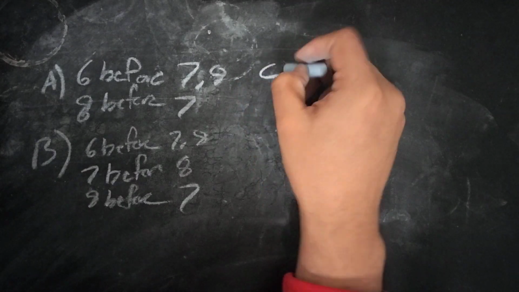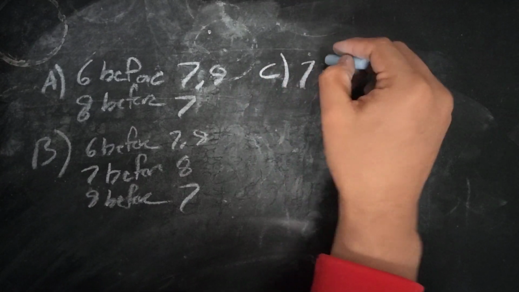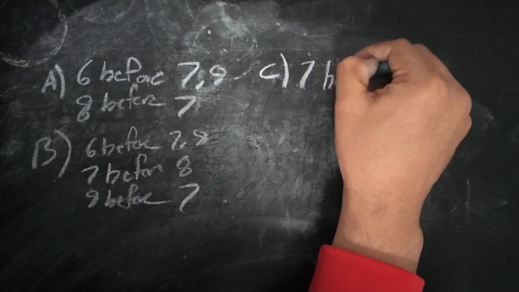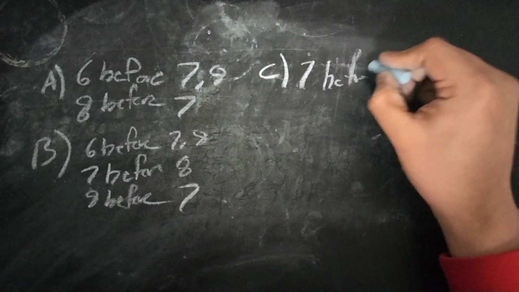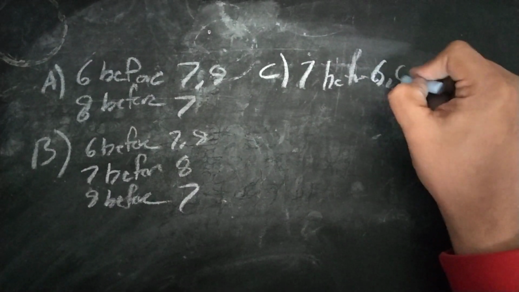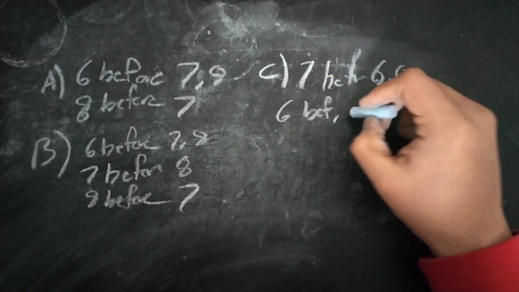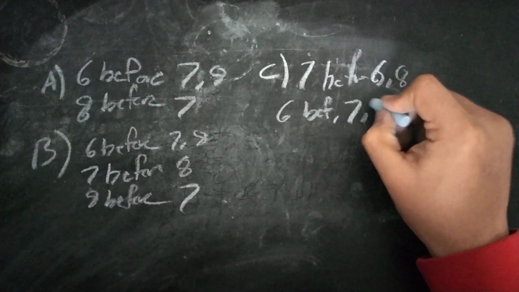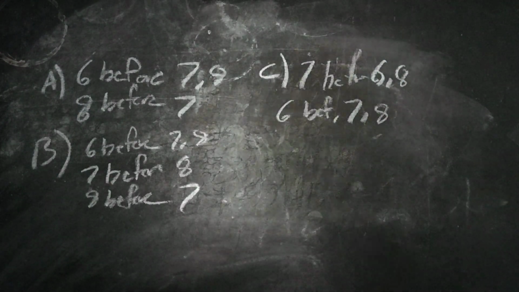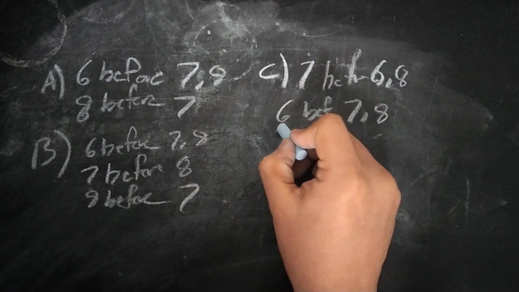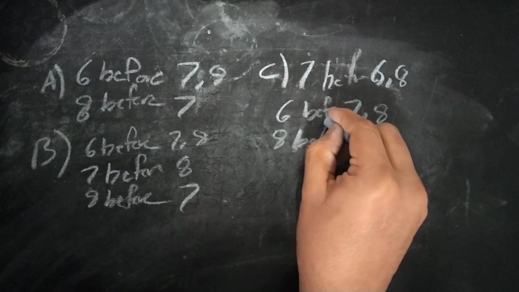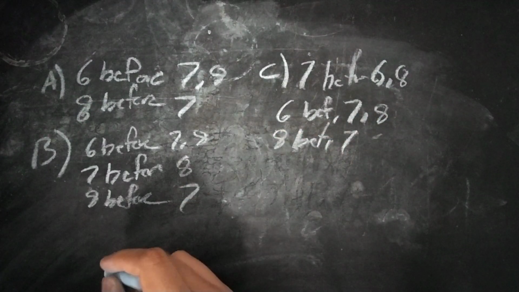Then you could just have a 7 before anything else, so that's before a 6 or an 8. Then a 6 before a 7 and an 8, because if you roll another 7, the game ends there. And then an 8 before a 7.